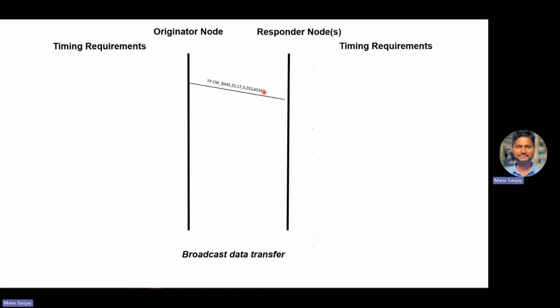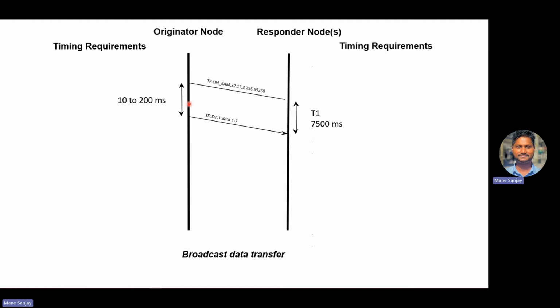Here the data transmission starts after a time of 10 to 200 milliseconds. Within that, the originator starts transmitting the actual data packets. It does not wait for any response from the responder. So here it started transmitting data packet one.